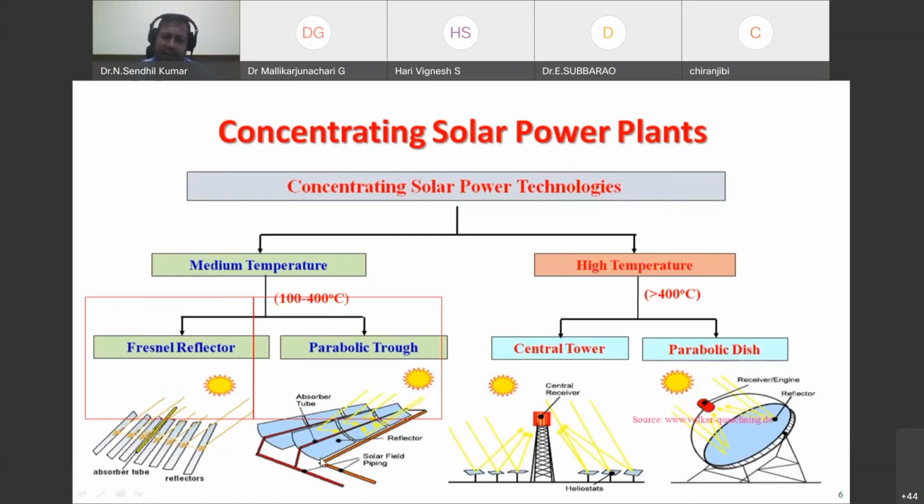It will be installed in a vast area, like in desert areas or on land. A huge area is taken, because we get about 1000 watts per square meter, so the more area you install, the more energy you get. But we cannot continuously monitor the operation and the performance with respect to efficiency, so there we will use robotics. Except for PV, any solar thermal plant will use one of these technologies: solar parabolic dish, central tower, solar parabolic trough, or Fresnel reflectors. How each technology works is different, so I want to show a few slides, one or two only.